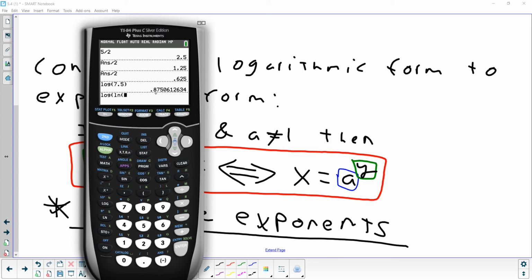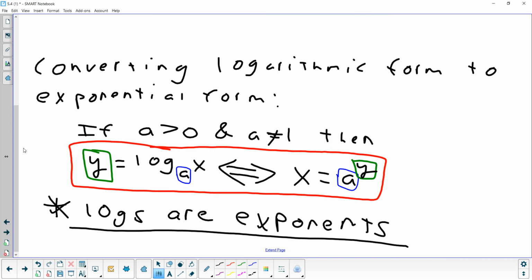An exponent on what? Well, I don't know what the problem would have been that caused me to do that. But the answer is an exponent. So logarithms always give you an exponent. That's why if you look at this, the logarithm equals an exponent. So notice when you rewrite it in exponential form, the y becomes the exponent. So logarithm always equals the exponent.